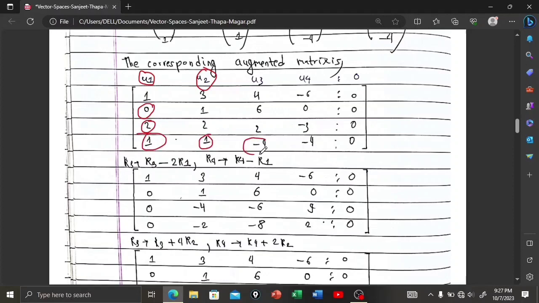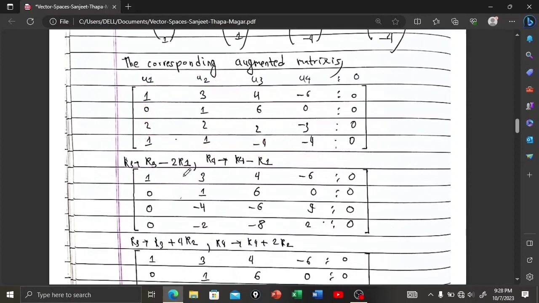So we need to convert it into the upper triangular matrix. Here all this is 0, it's fine. To make this 0, we apply 2 minus 2 times 1, that is 0. So R3 becomes R3 minus 2 R1, and to make this 0, we simply do R4 minus R1 in R4.